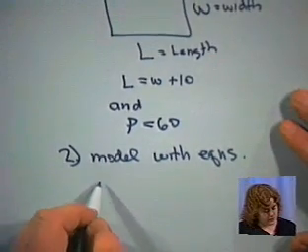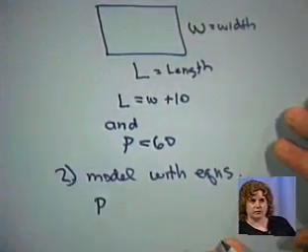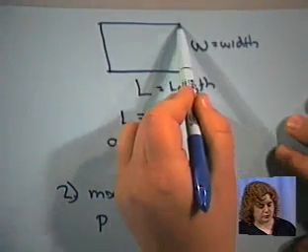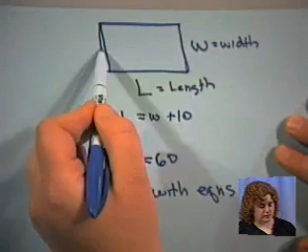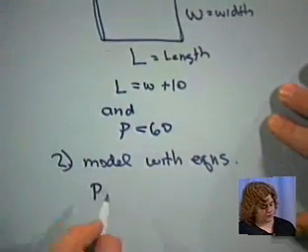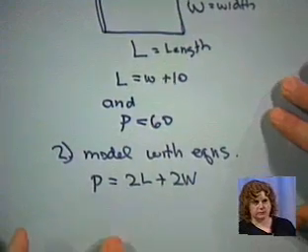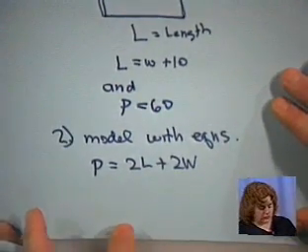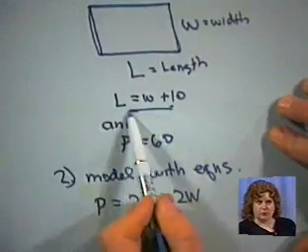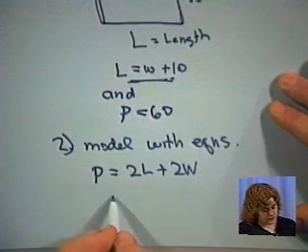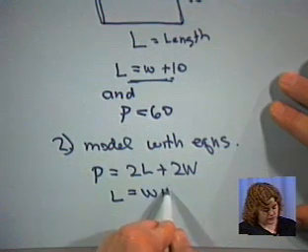What we have to remember is that the perimeter is the distance around. So we have one length and a width, another length, and another width. So our perimeter is 2L plus 2W. And we established when we listed out what we knew that the length is W plus 10.